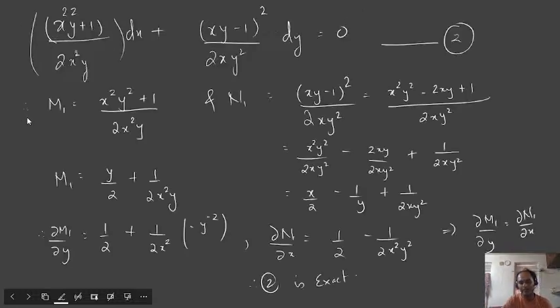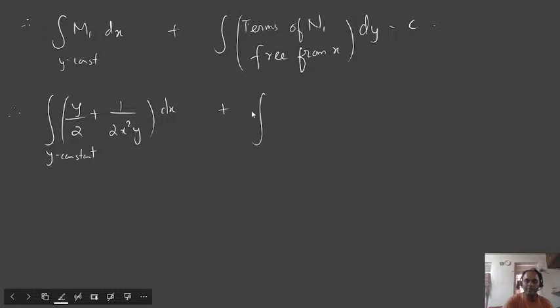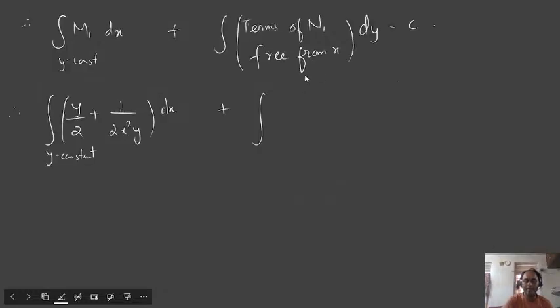When it is m1, terms are there which are constant, so y by 2 plus 1 upon 2x square y dx, y is constant. That is what we did. In terms of n1 which are free from x, the only term that is free from x is 1 over y, and that too with minus sign. So here minus 1 by y dy equals c.